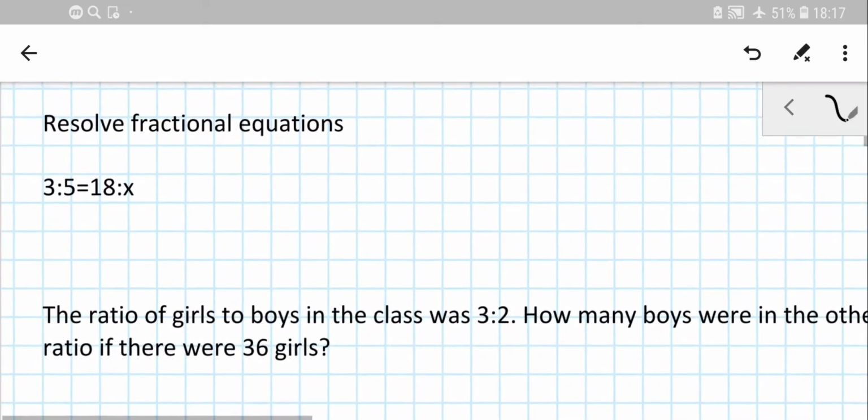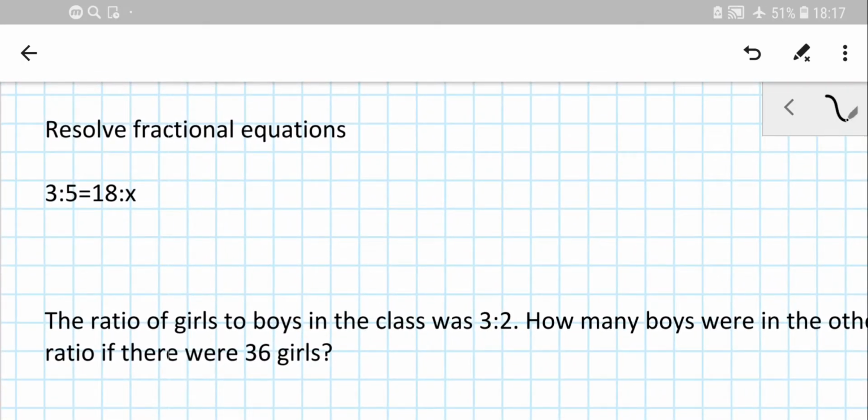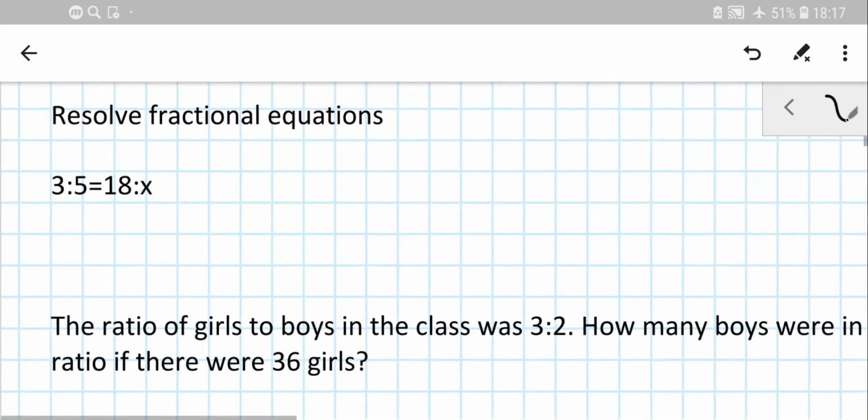So here you need to resolve a fractional equation. Just remember, we used to talk about this, but in a different scope. Right now, I'm going to show you how to work with fractional equations. So 3 over 5 is 18 over x. This is the key skill here for how to resolve ratios.